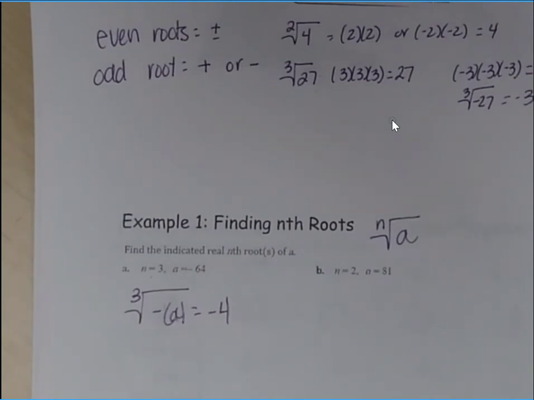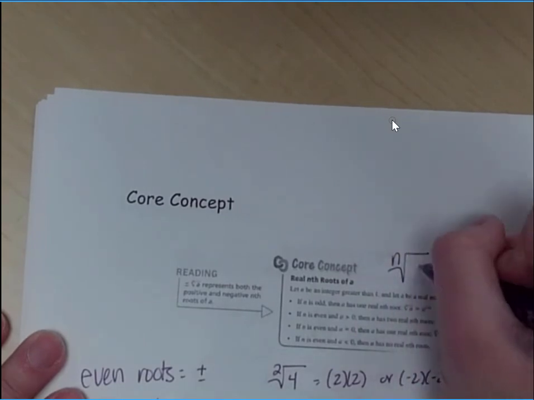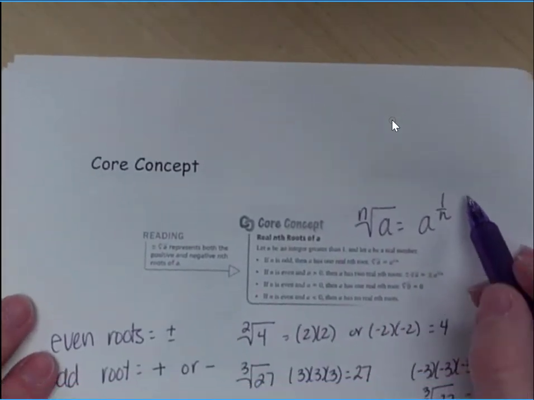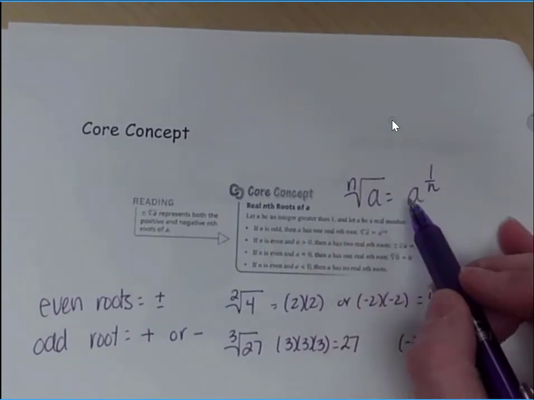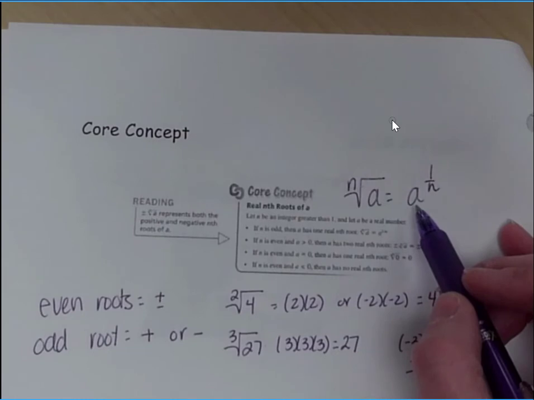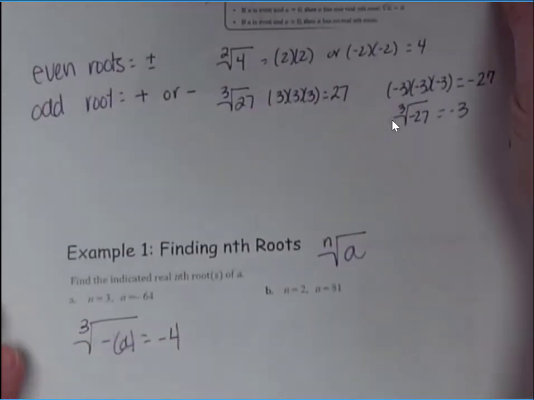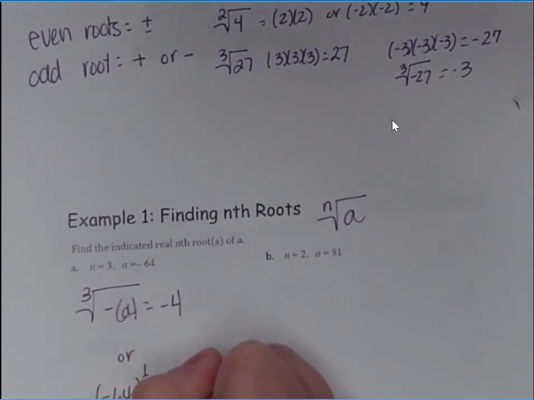Now, believe it or not, I could actually rewrite this as an exponent. I can take the nth root of a and rewrite that as a to the 1 over n. I'm going to come back to that in just a second. I'm kind of jumping ahead here.